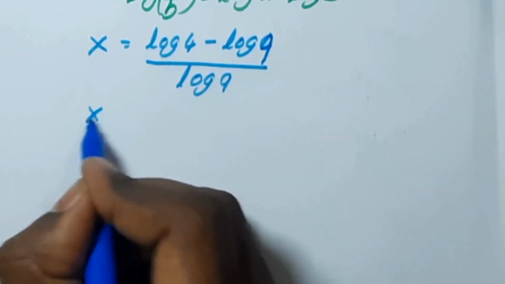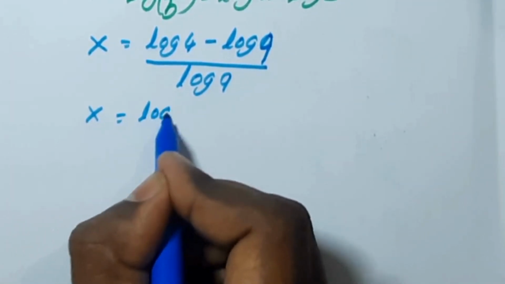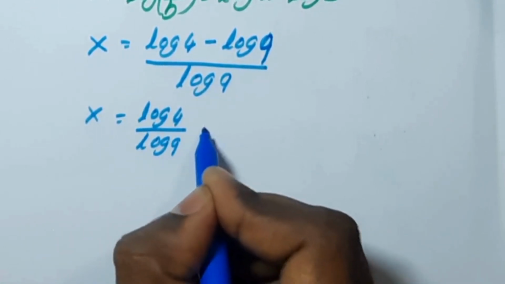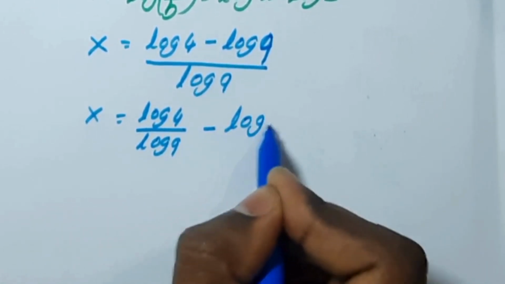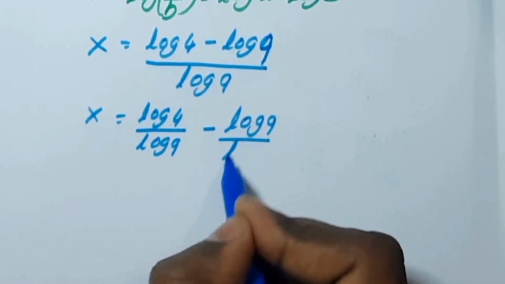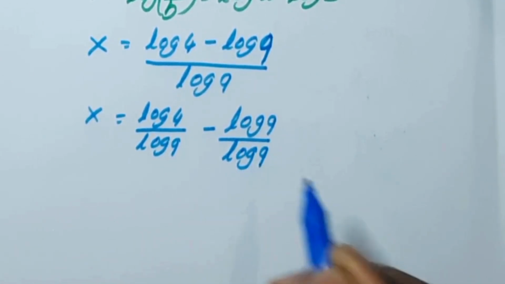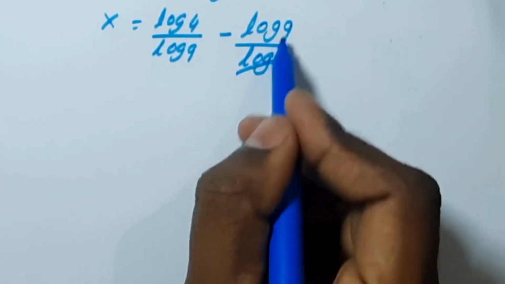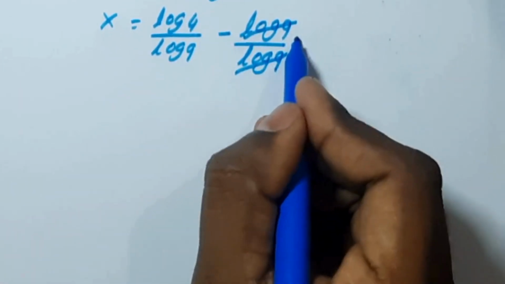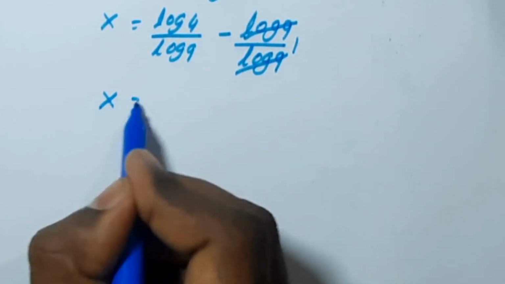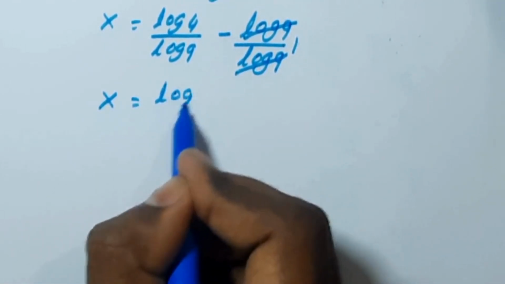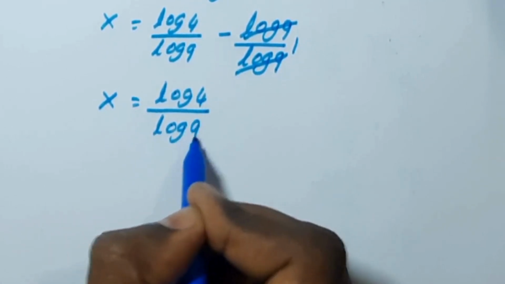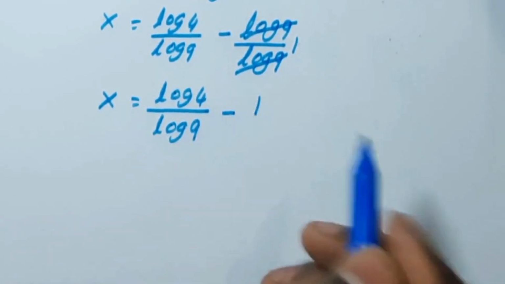Now x = log 4 by log 9 minus log 9 by log 9. Now this log 9 cancels this log 9. So we have x = log 4 by log 9 minus 1.